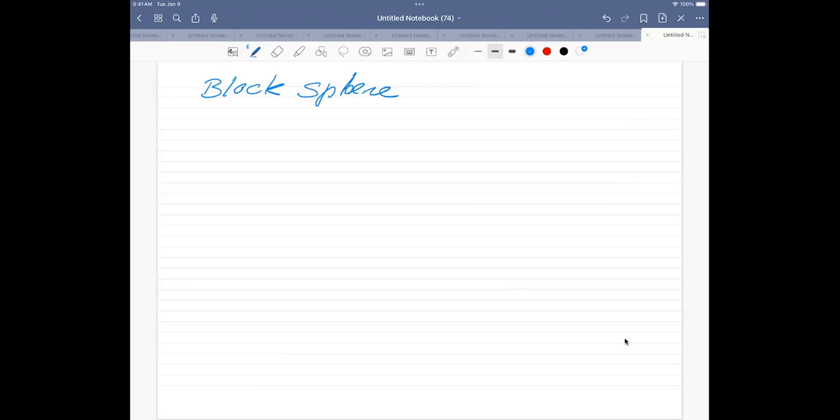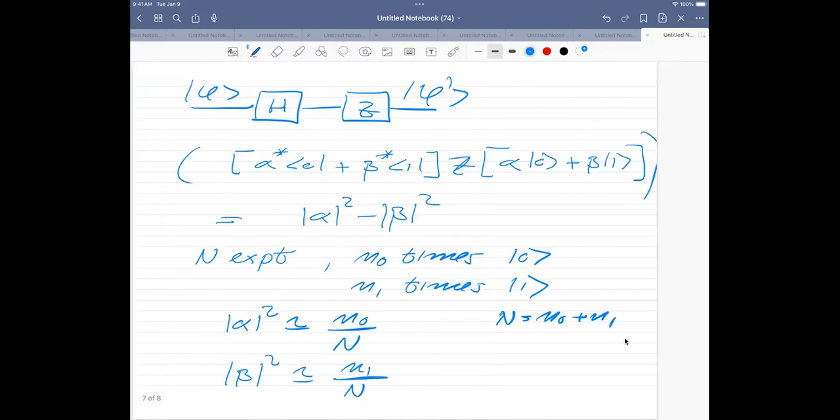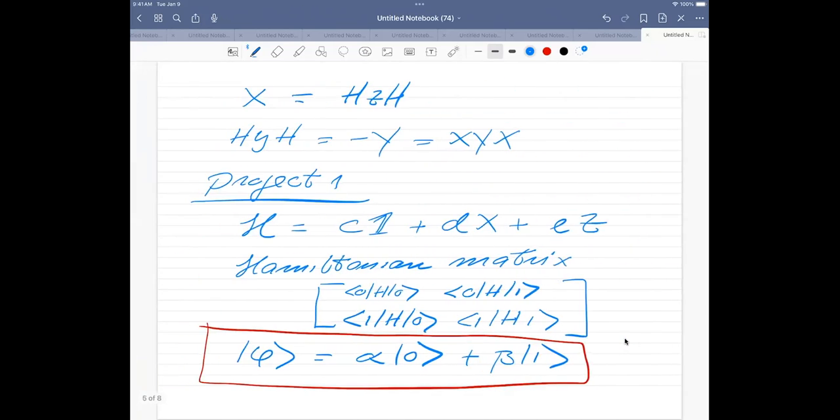It's not good practice to introduce a new topic before a break, and I see it's 3 o'clock, so let's take a break. Then we start with the Bloch sphere after the break, and look at these rotation matrices and how we can use them to make an ansatz for this trial wave function, which we put up here.